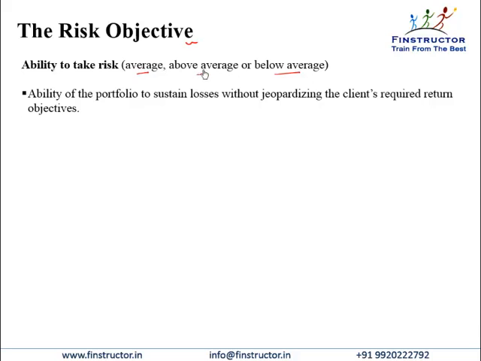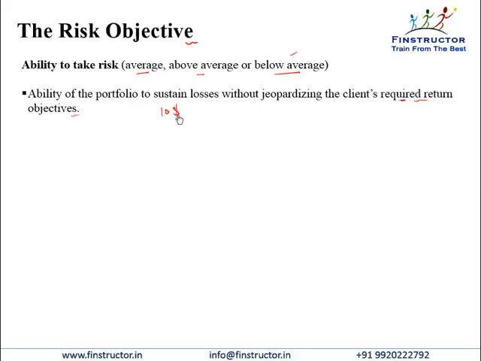And the answer to this question will be decided by the ability of the portfolio to sustain losses without jeopardizing the client's required return objectives. So if the portfolio can sustain a lot of loss and still meet the required return, then we will say the ability to take risk is above average. If even a slight loss jeopardizes his lifestyle or his required return, then we will say the ability is below average.